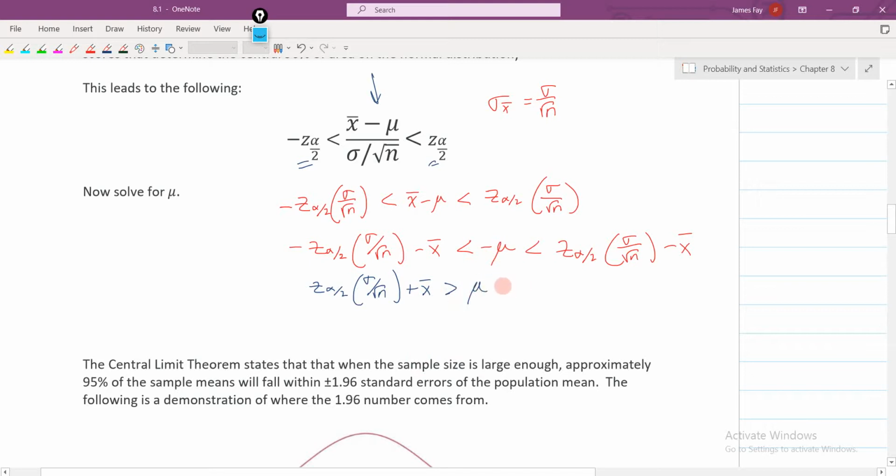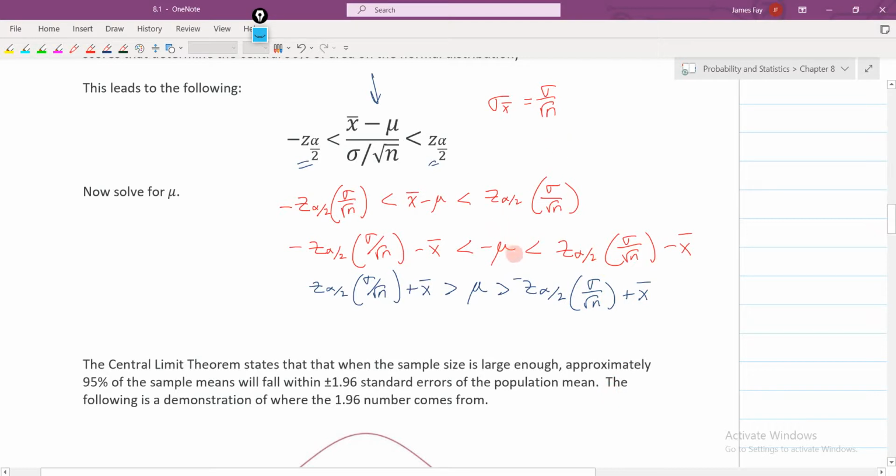So we have mu, the inequality changes directions, and now because I'm multiplying everything by negative, we have negative z sub alpha over 2 sigma over radical n plus x bar.